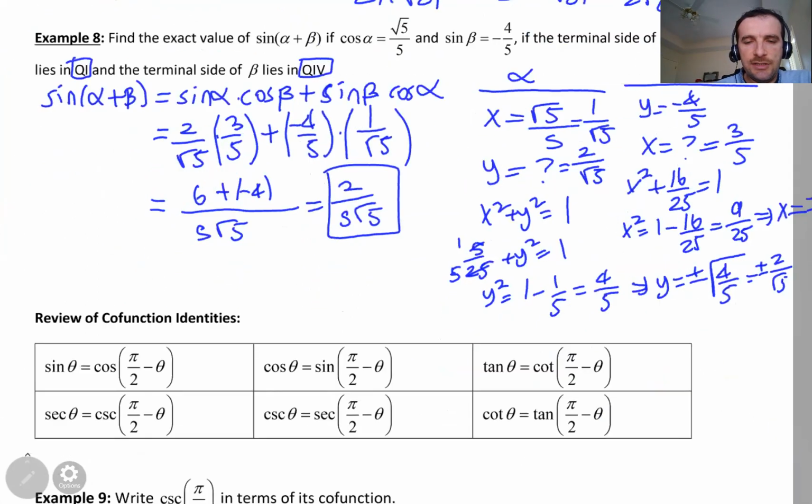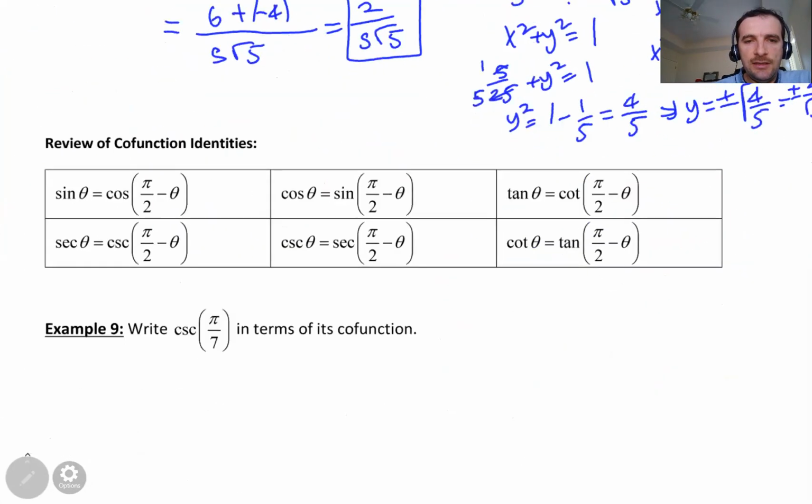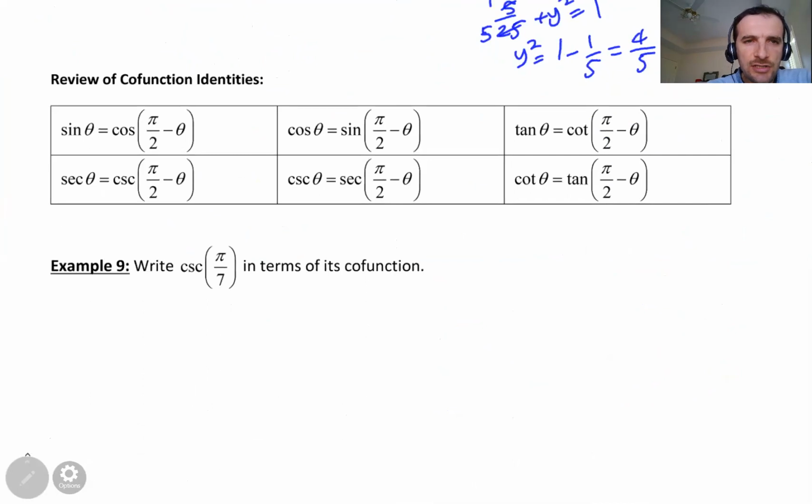Let me continue. In here, I'm going to review some co-function identities. We have already talked about these identities before. Here is the deal. If there is pi over 2 minus theta, you just change your function with the co-function and get rid of the pi over 2 part.